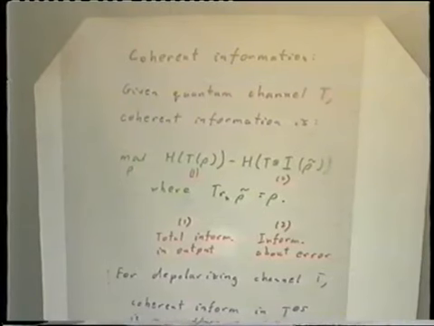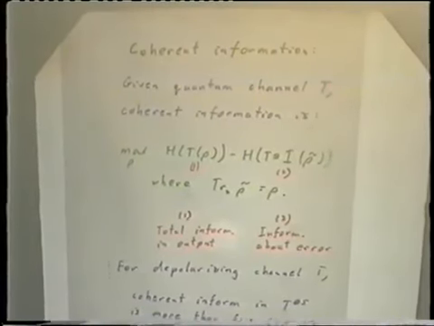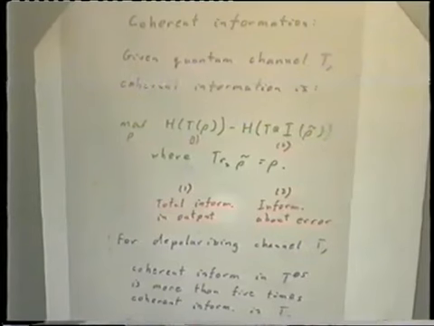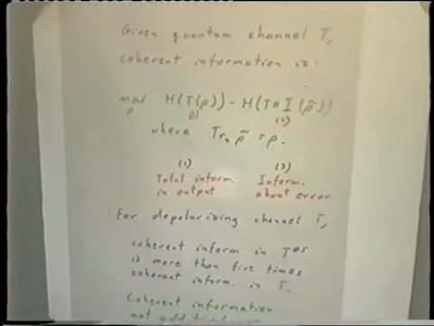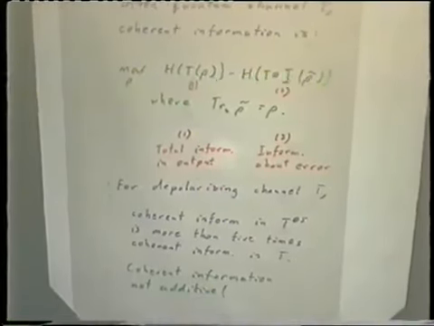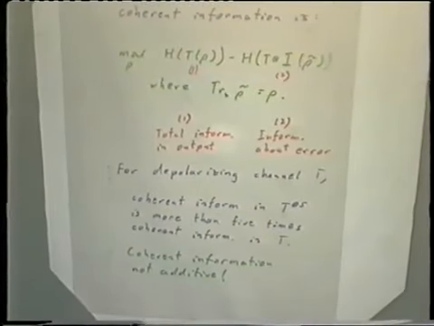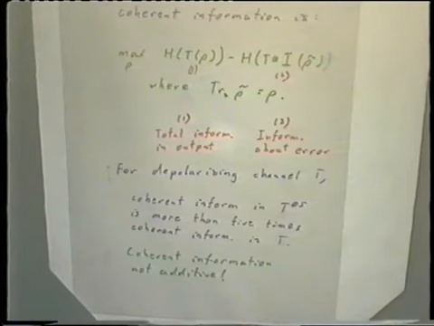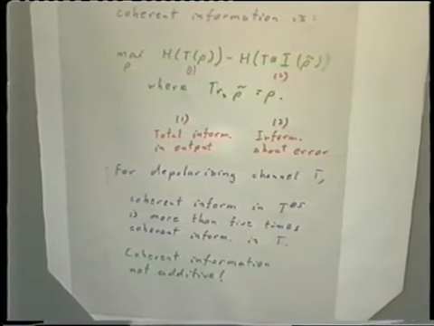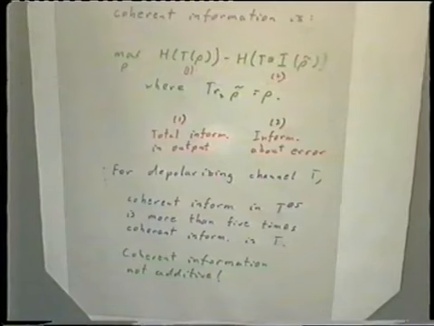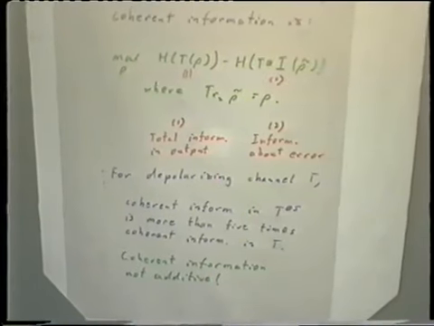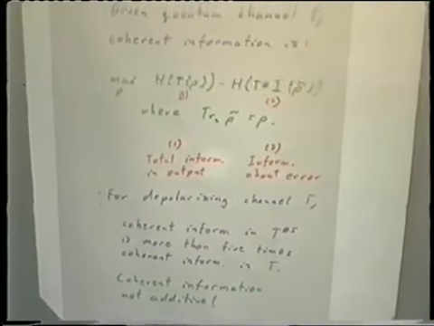So given a quantum channel T, you can define the coherent information. I don't know why this is T and not N. The entropy of the output minus the entropy of the joint system. So this tells you the information of the output, and this really tells you the information about the error. So, well, this is a good guess.